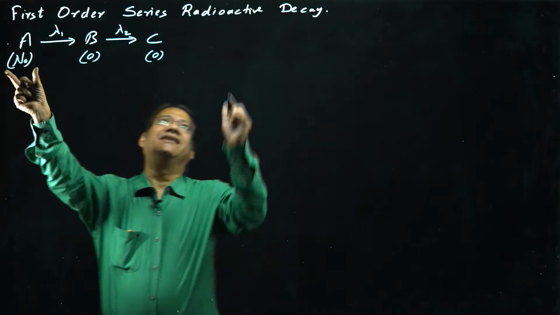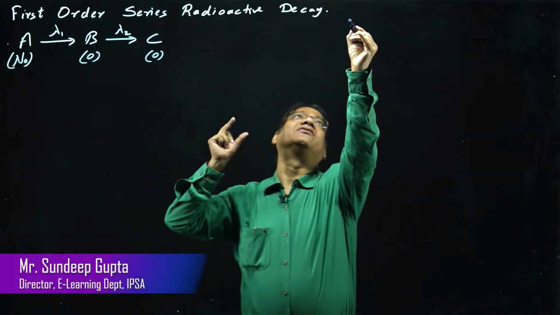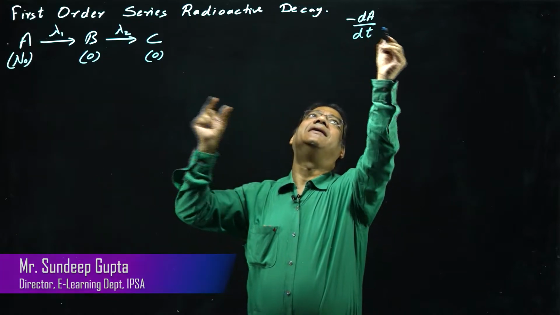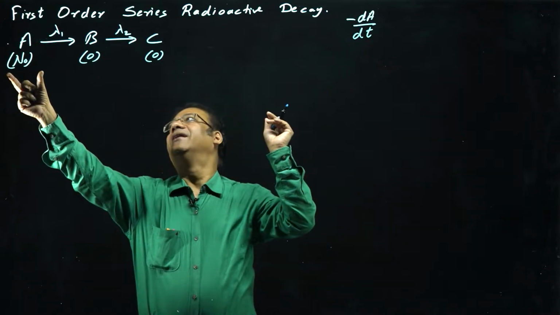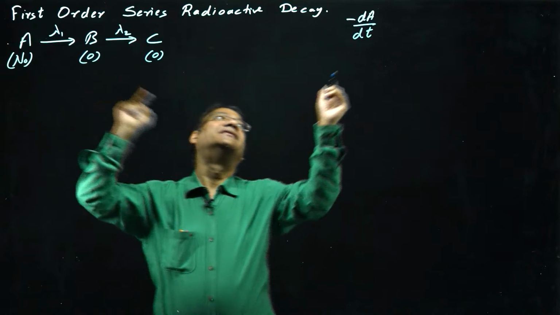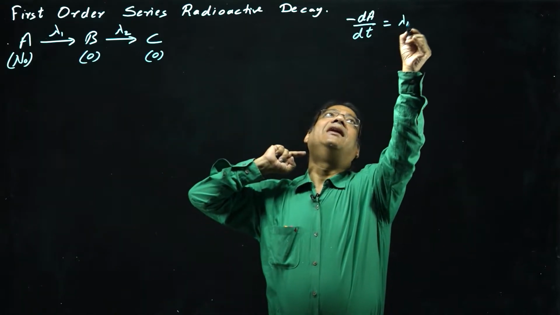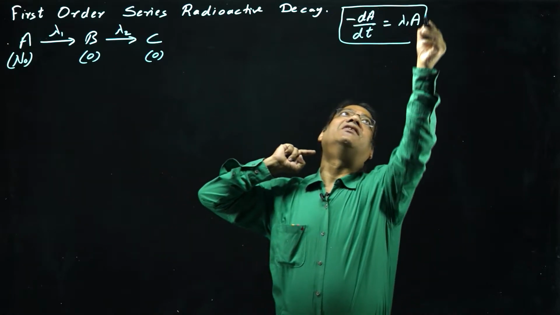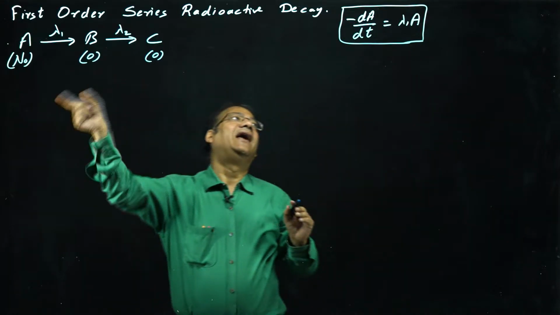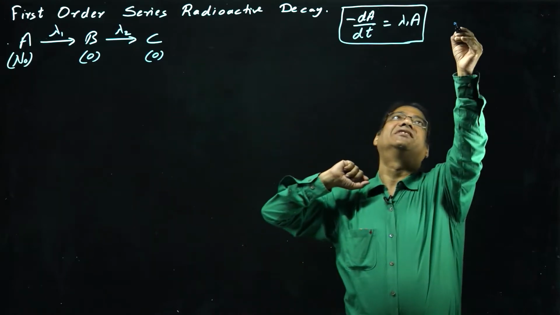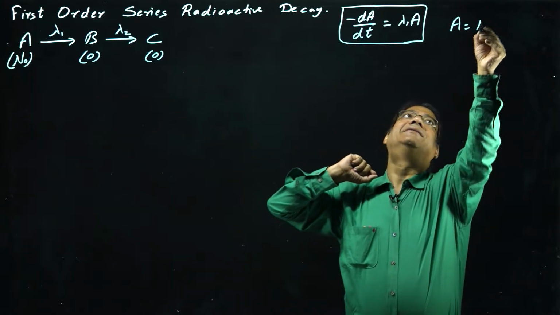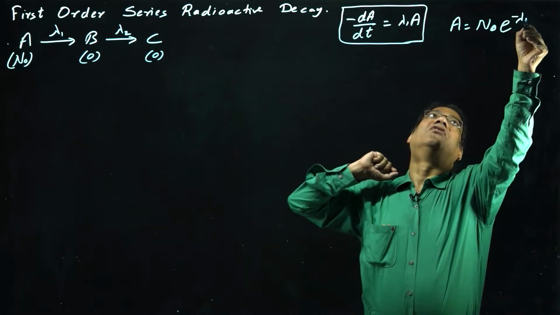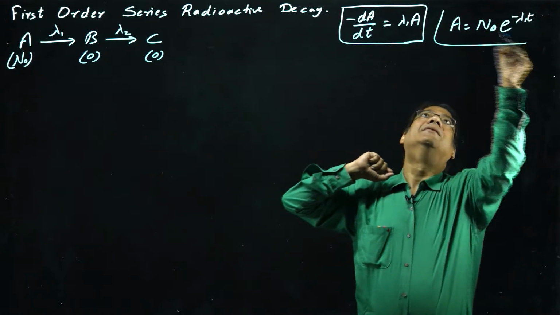Now, let's start this. For A, we always know that it's a first order decay. The decay of A, since A is decreasing, has minus dA by dt is lambda 1A. This is a very well known equation for the first process, and you always know the solution of this equation. A is n0 e to the power minus lambda 1 t.